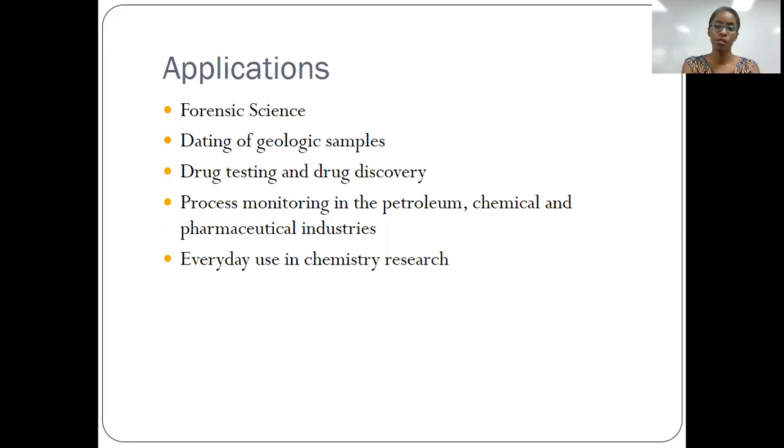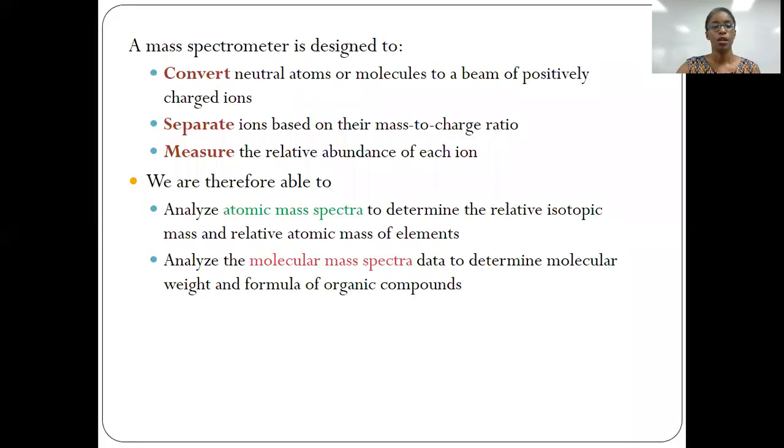More often than not, it's used alongside another separation technique to then be analyzed in the mass spectra. So the three main things that happen in a mass spectrometer are these. We convert the neutral atoms or molecules into ions.